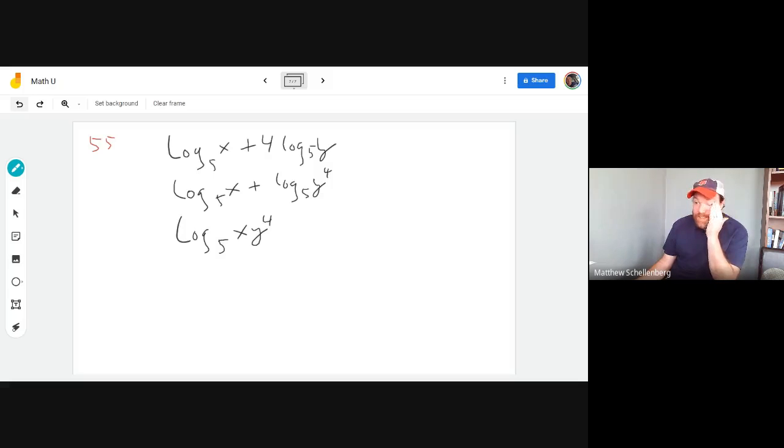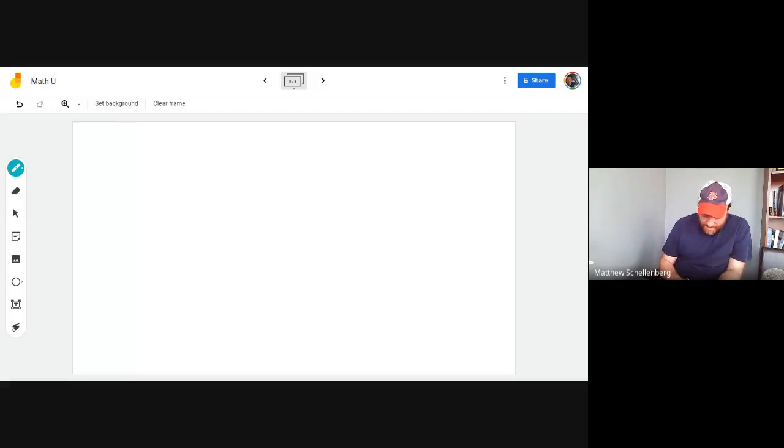So 57 then. Solve each equation. Yes, solving logs. Fun, fun, fun. So we have 57. And it says that the log of k minus 3 with base 3 minus 10 equals -7.